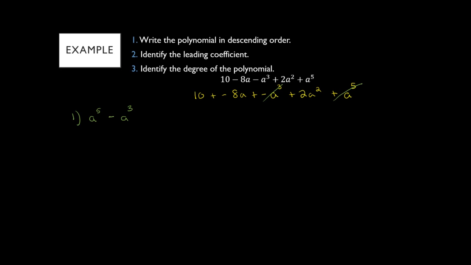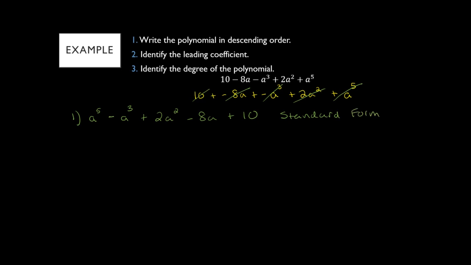Then next counting down gives me the 2a squared, so that's plus 2a squared. Then you always do the a, and then the number goes last. So it's going to be a minus 8a, and then plus 10. And this is called standard form because it's going from highest to lowest.